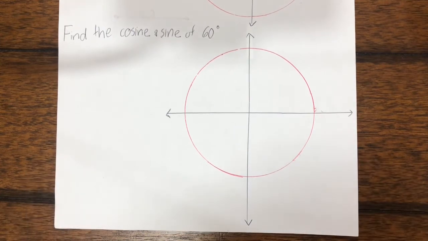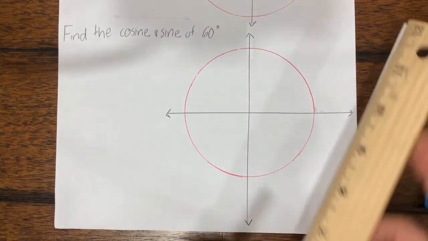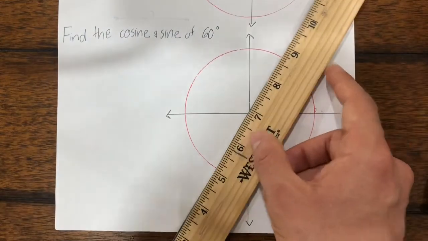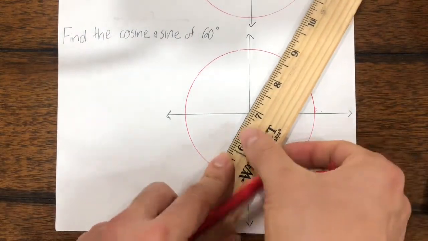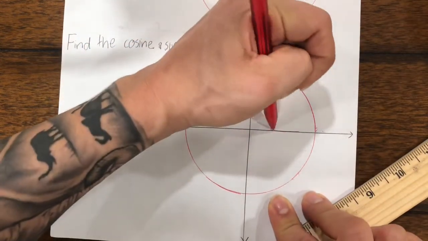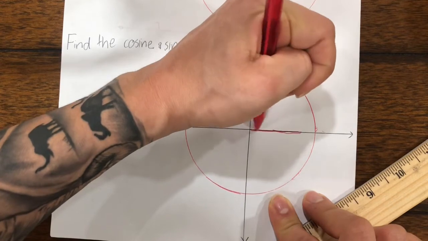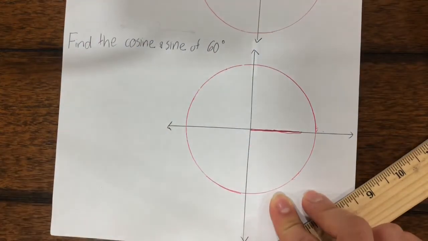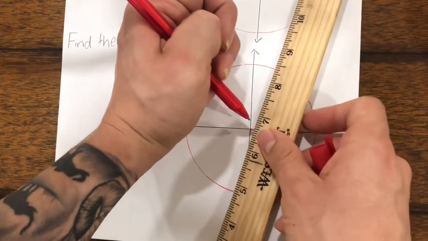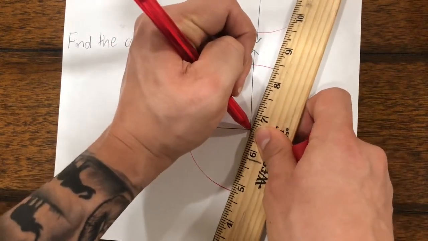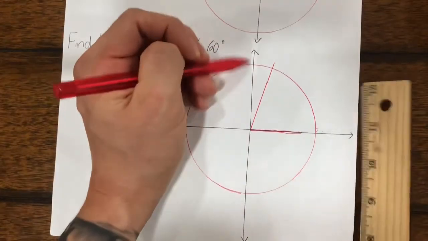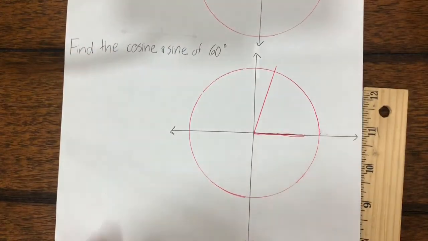I'm going to draw my angle measurement with my initial side and my terminal side. I have my initial side, which is always on the right side of the x-axis. And then I have my terminal side, which is pretty close to 90, toward the top part of the y-axis.